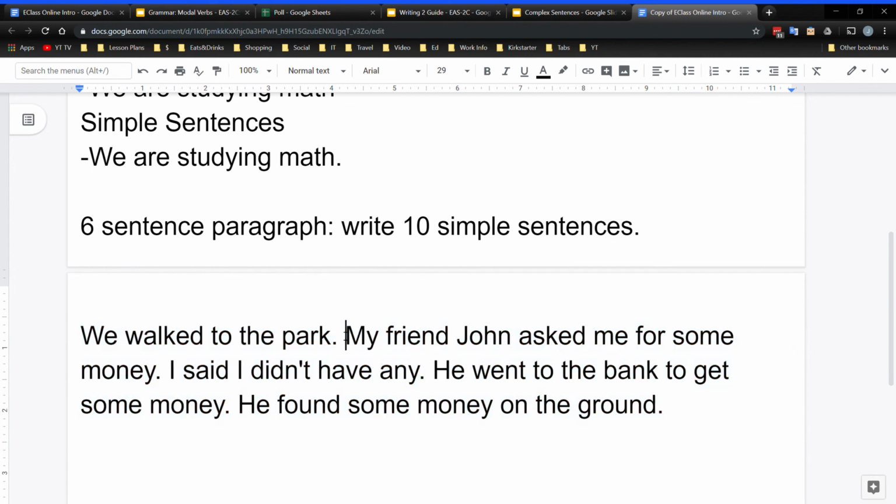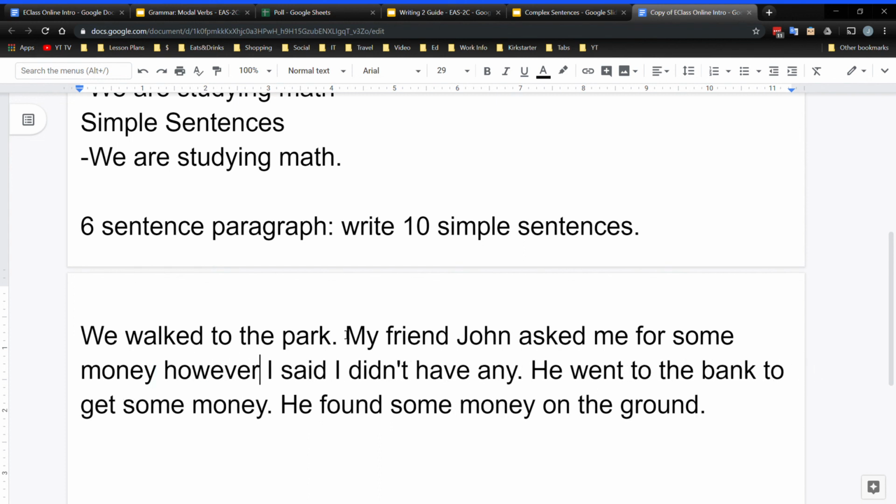And then next one, my friend John asked me for some money. However, I said I didn't have any. So I used however here. I could have used but. I could have used although. I could have used a lot of other words, right? But by adding a however here and deleting that end mark, I've changed this into a complex sentence.